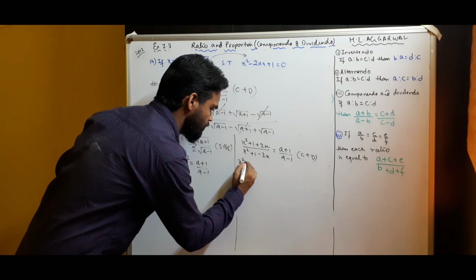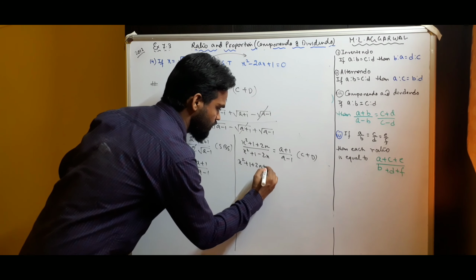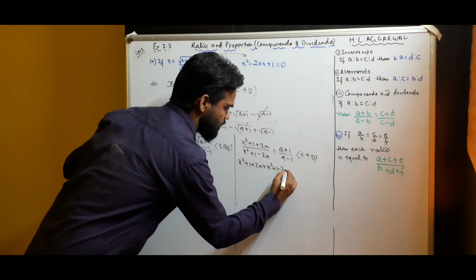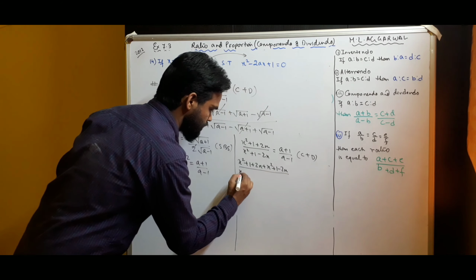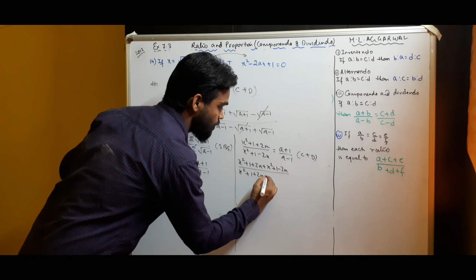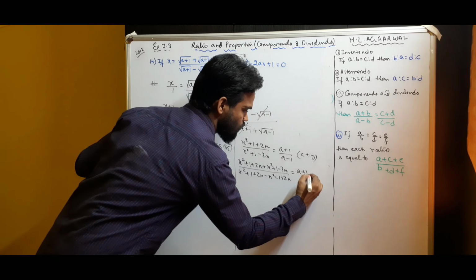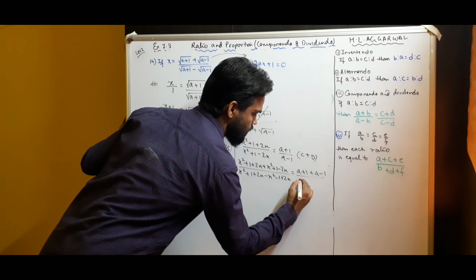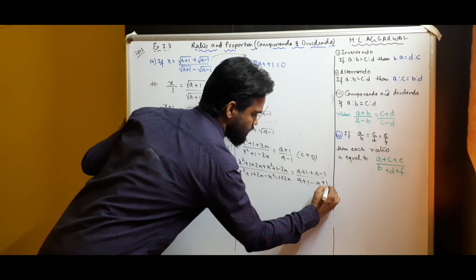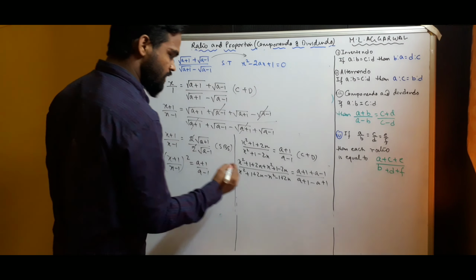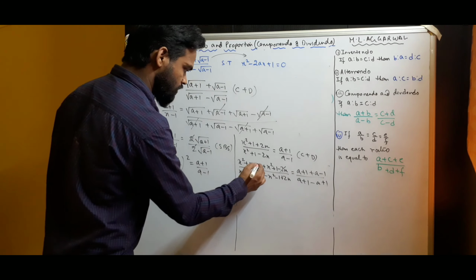It is numerator plus denominator by numerator minus denominator. The sign changes. A plus 1 plus a minus 1, and a plus 1 minus a minus 1. So the sign changes. Am I clear? Because it eliminates a lot of things.